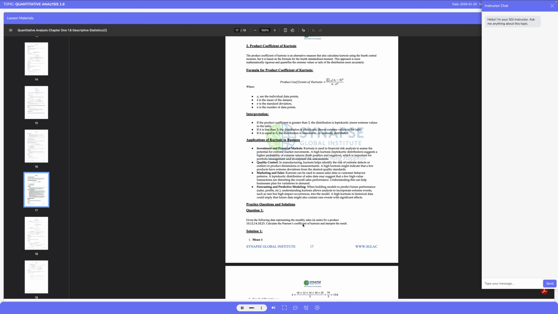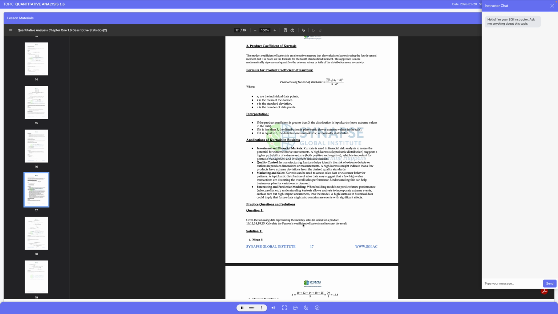Dividing 12,167 by 5 multiplied by 5.25 raised to the power 4 gives approximately 0.65. Because this value is less than 3, the distribution is classified as platykurtic. This result is consistent with the conclusion obtained using Pearson's coefficient of kurtosis and reinforces the interpretation that the dataset has relatively light tails and fewer extreme values.